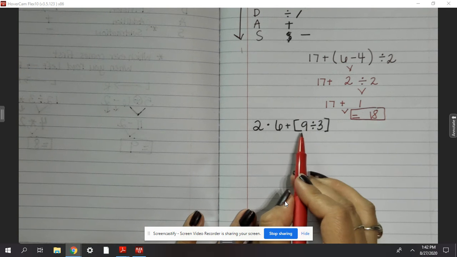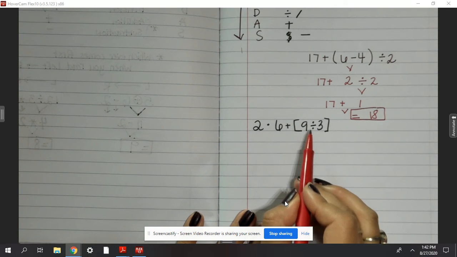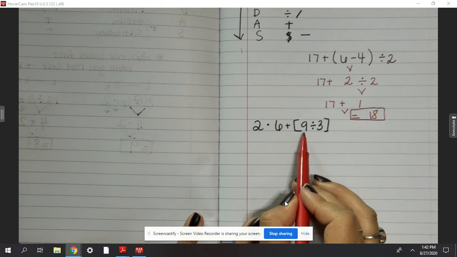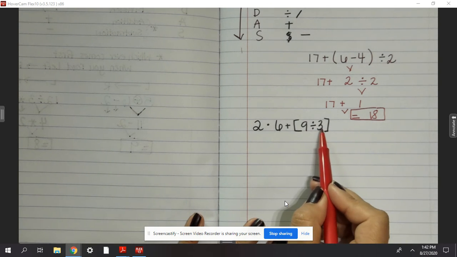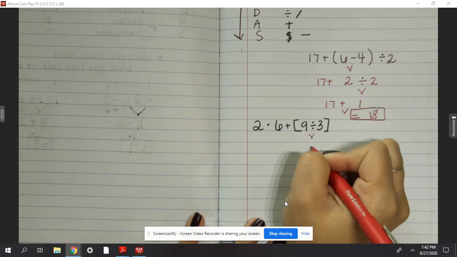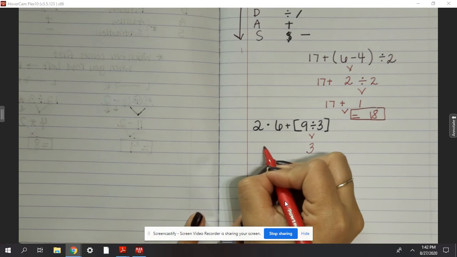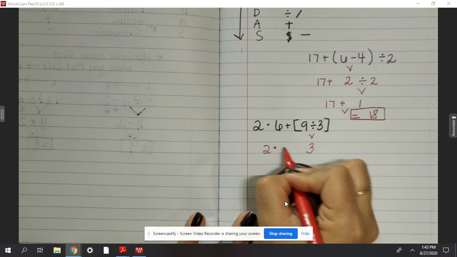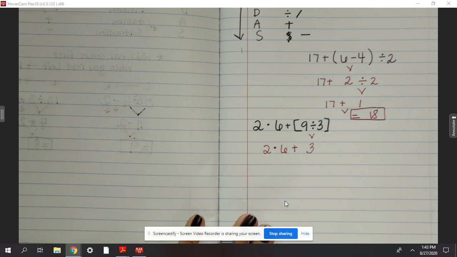So I'm going to solve whatever is inside those grouping symbols first. Inside my grouping symbols, I have 9 divided by 3, or how many groups of 3 are in 9? And that is 3. So I'm going to bring everything down that I didn't use: 2 times 6 plus, and there's my 3.